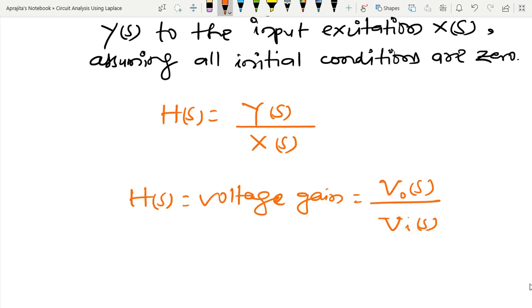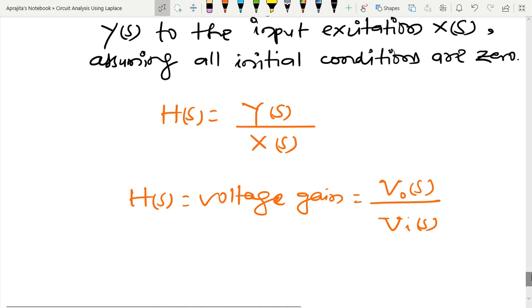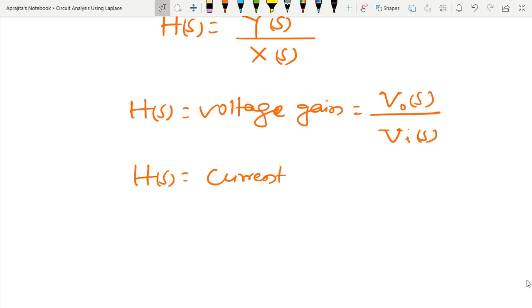So I have to take the Laplace transform of output voltage and then the Laplace transform of input voltage. Similarly I can define the transfer function as a current gain, because the most primitive quantities we talk about during circuit analysis are current and voltage.